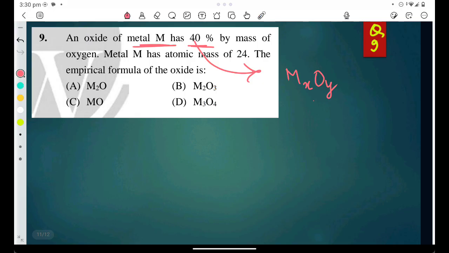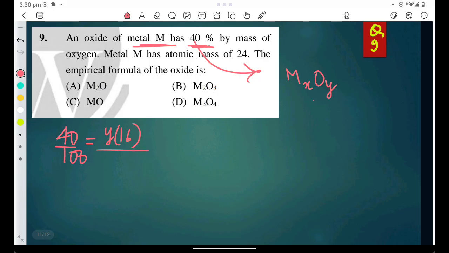Here it is given as 40% by mass of oxygen. So 40 by 100 of oxygen. How many oxygen? y oxygen, y times 16. This is the total mass of oxygen in one molecule.